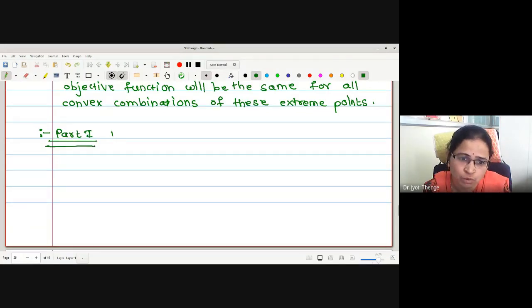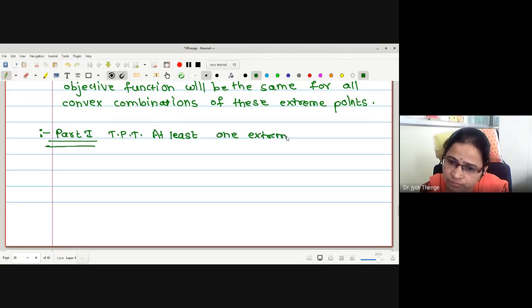Okay, what to prove actually? At least one extreme point gives the optimal solution.